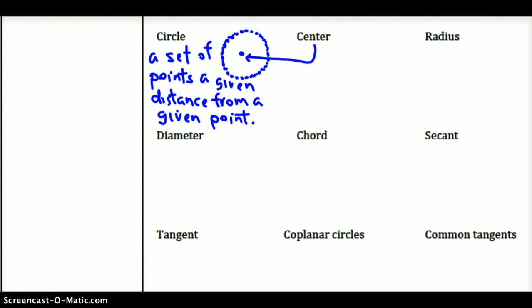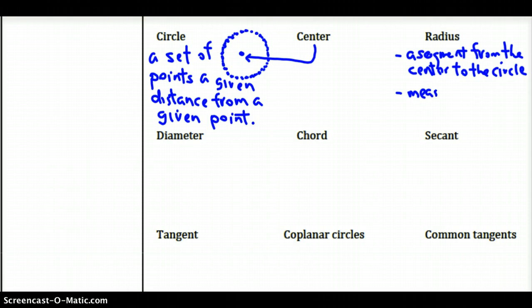A radius is a segment from the center to the circle. It also refers to a measure as well. So radius, denoted r, looks like that.